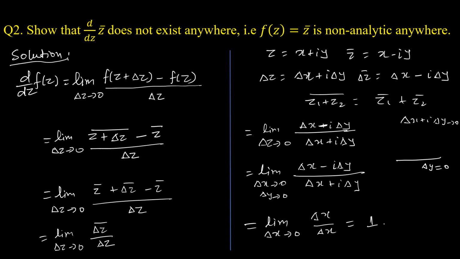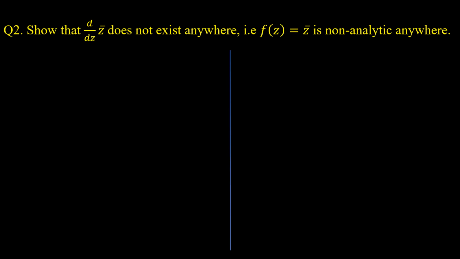Now select the second way, that is along the y-axis. Along the y-axis we know del x will be 0. In that case, your f dash z is limit del x tends to 0, del y tends to 0, of del x minus i del y upon del x plus i del y.